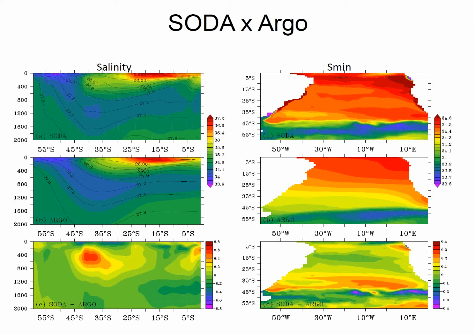But SODA is a little saltier, and there's a stronger front here due to the stronger descent of the isopycnals in that region. AOML here are already decadal. No, this just assimilates SST, the SODA.